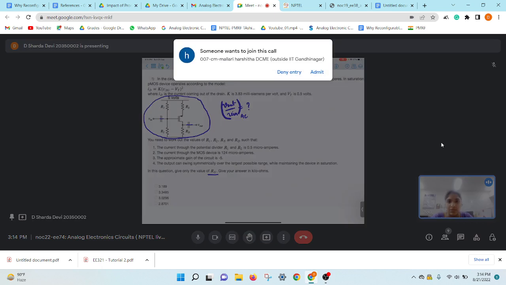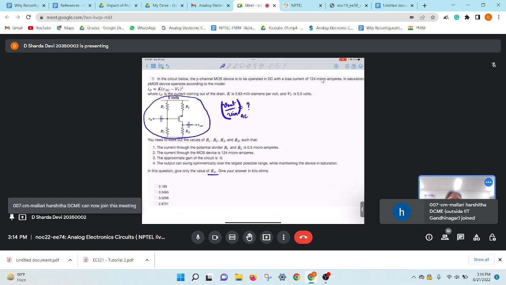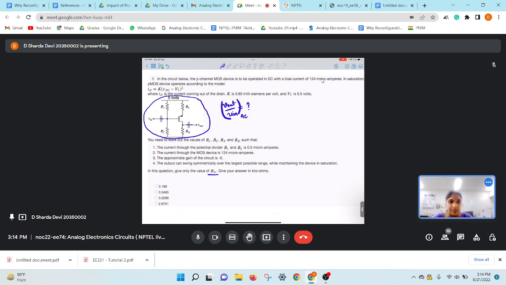Maybe you can go ahead and solve. Is it GM into RS parallel with RD?